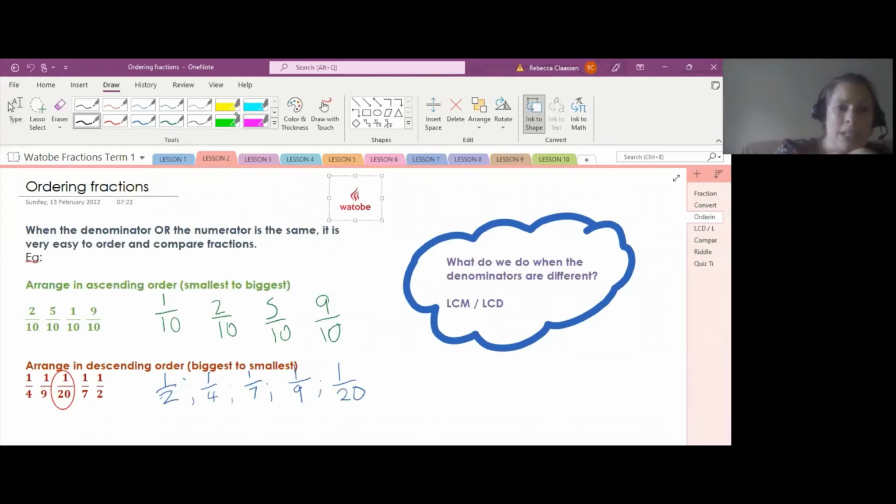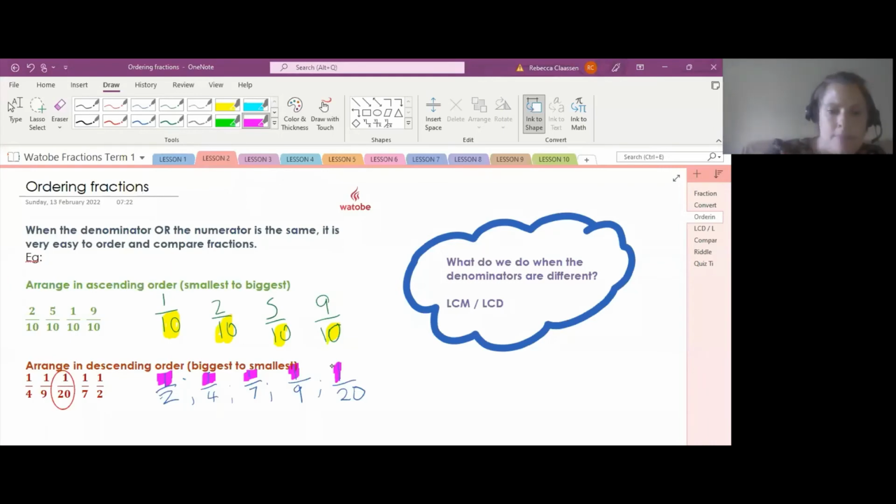So when the denominators were the same, all we had to do was look at the numerator and we could order them. And when the denominators were different but the numerator was the same, that was also quite easy because we could just look at the denominator and see which one is bigger and which one is smaller.